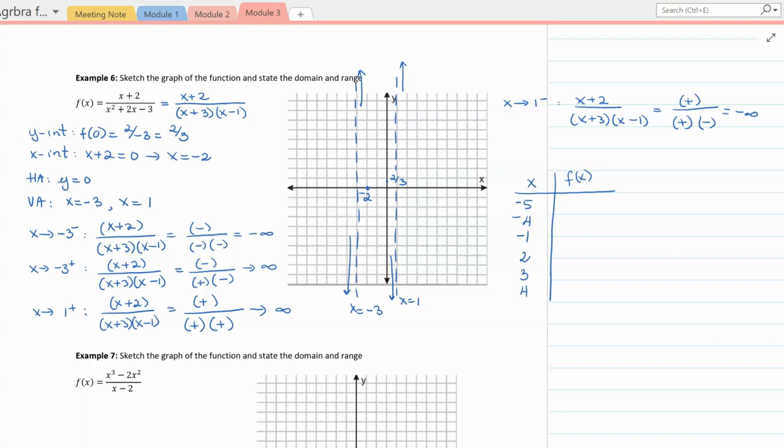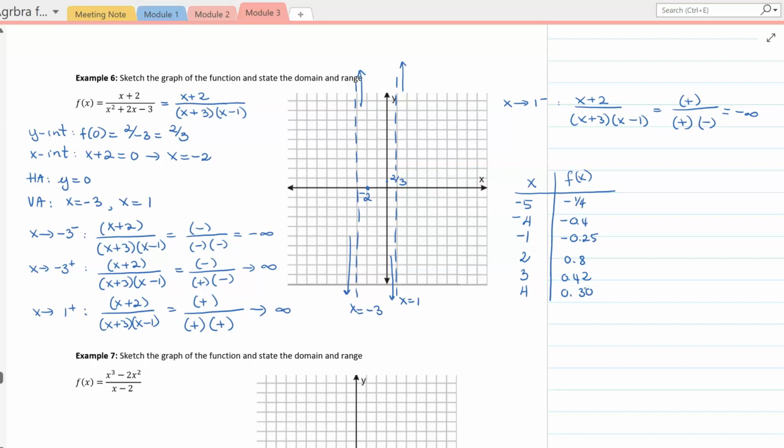Okay. So we get here negative 1/4, negative 0.4, negative 0.25, 0.8, 0.42, 0.3.